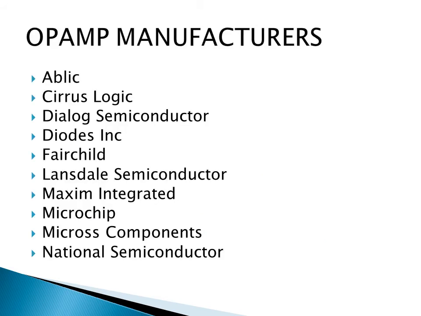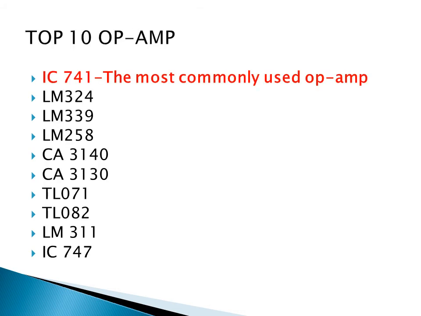And we are seeing the most famous op-amp manufacturers, starting from Ablix, Cirrus Logic, Dialog Semiconductor, Fairchild, Maxim, Microchip Semiconductor. We have different manufacturers. What I have given you is a list of some of them. We have many more manufacturers of operational amplifiers. What we are seeing is the top 10 operational amplifiers that are used worldwide.